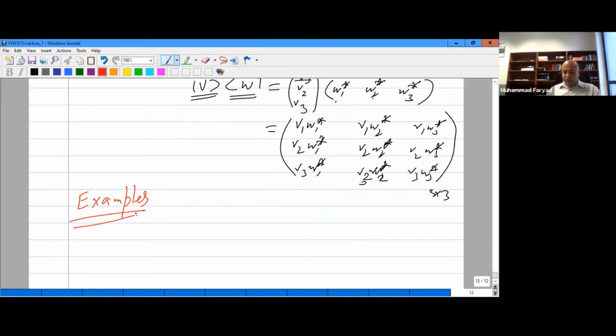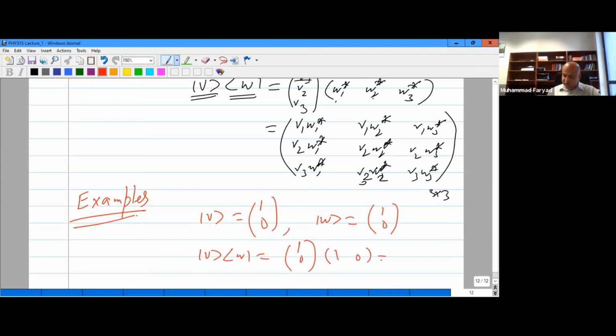So let me give a couple of examples. Let's say I have this v vector like 1, 0. Let's work with a two-dimensional vector space. I think that will reduce the amount of writing that I have to do. Let's say this is the 1, 0 vector, and this w vector is also 1, 0. So what happens if I find this v into w? This v is 1, 0, and this w is 1, 0.